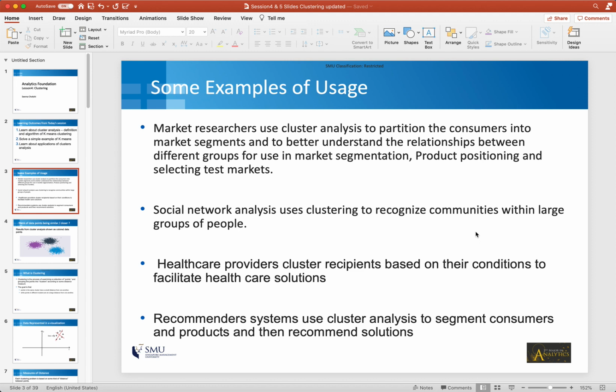Also the recommender systems used in e-commerce to recommend products to customers use cluster analysis to understand the segments of the consumers in their portfolio. So these are some examples and I'll be talking about more as we go.